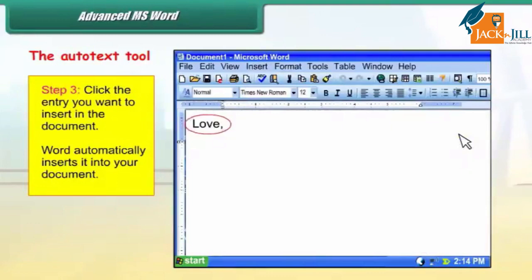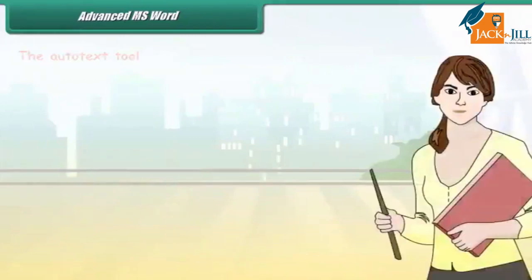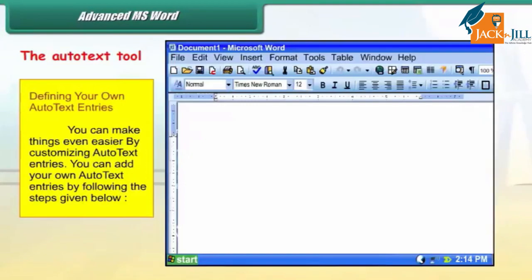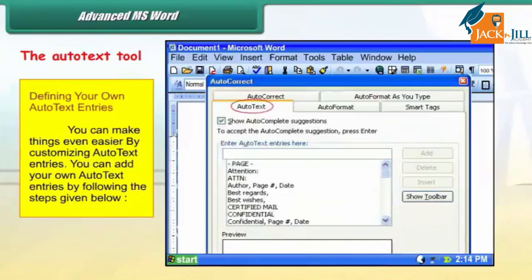Word automatically inserts it into your document. Defining your own auto text entries. You can make things even easier by customizing auto text entries. You can add your own auto text entries by following the steps given below.